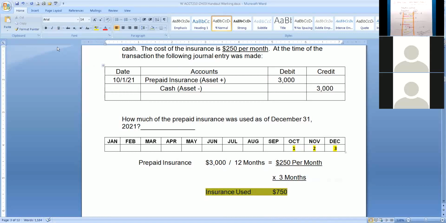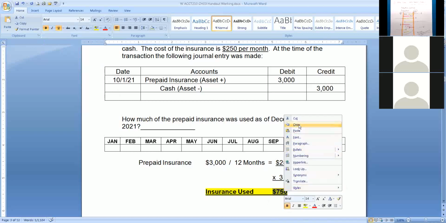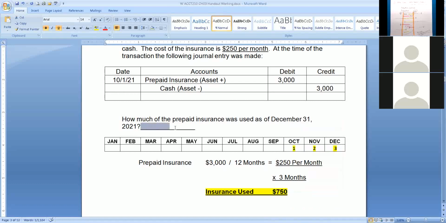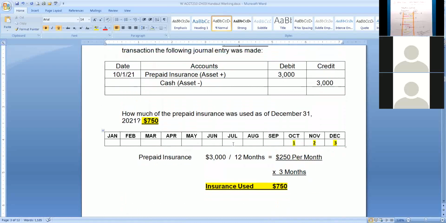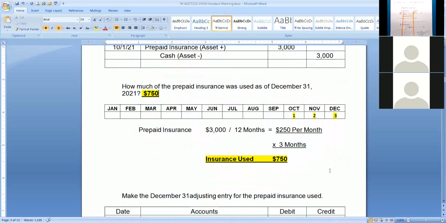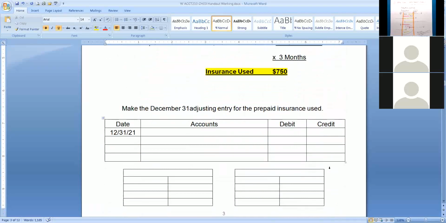I keep forgetting to do the highlighting and all that stuff beforehand. Insurance used was 750. And for 3 months, $250 a month, so $750 was used.